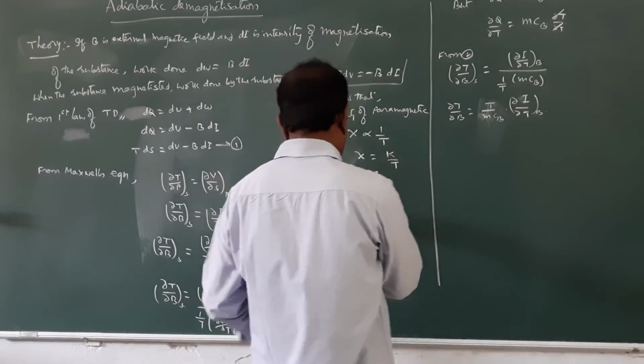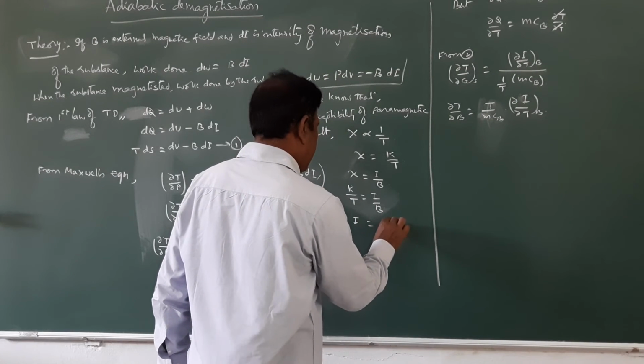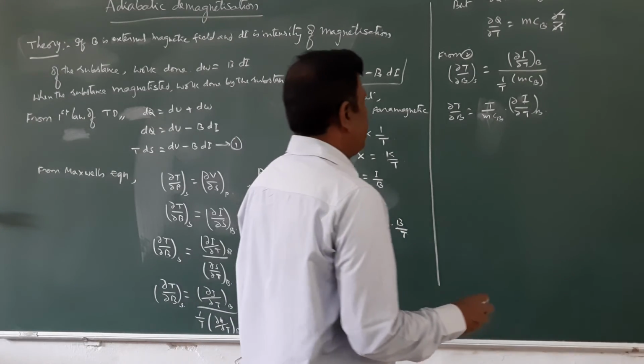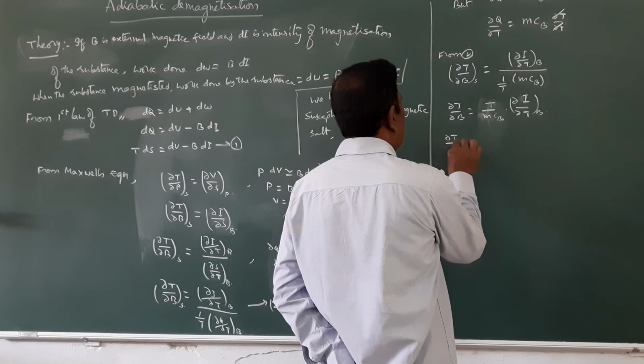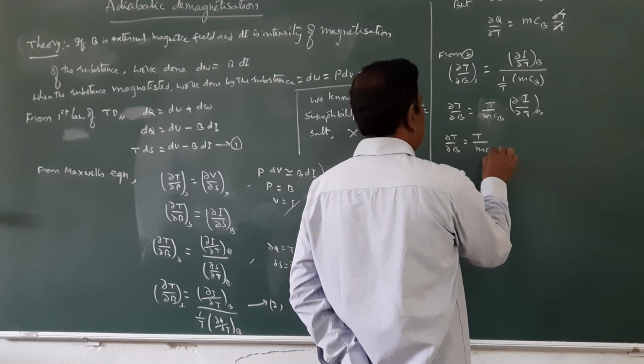Substitute for I. I is equal to, from this equation, K into B divided by T.